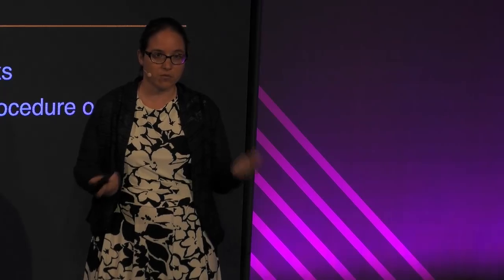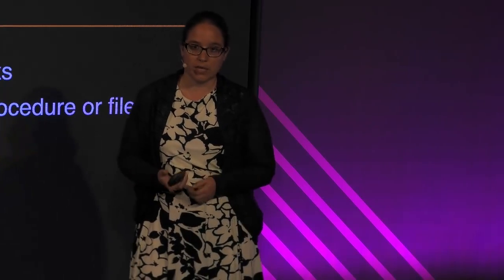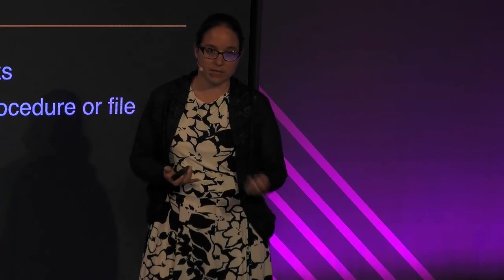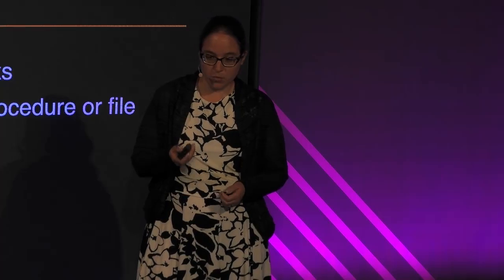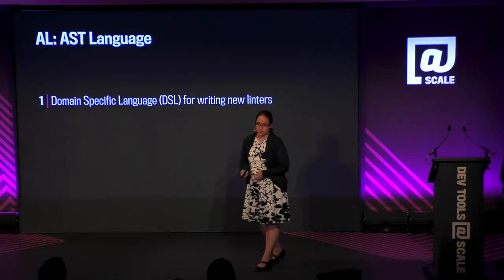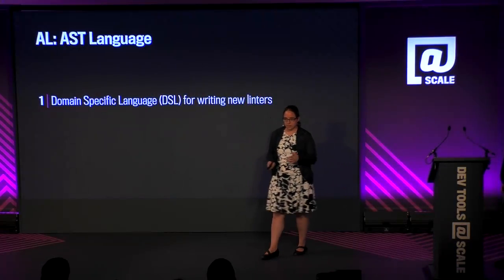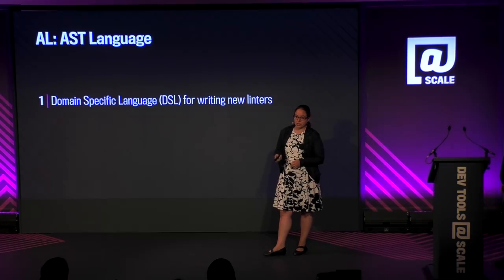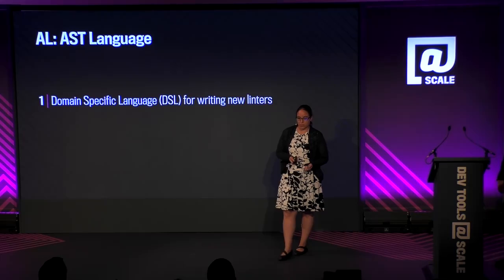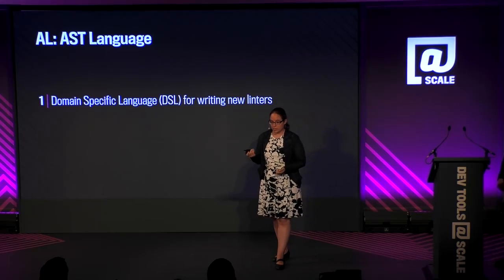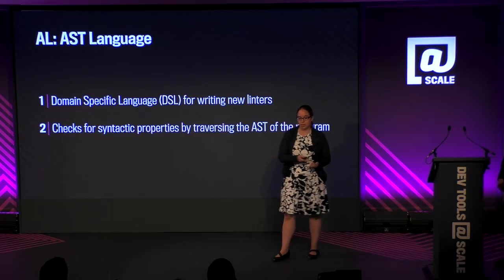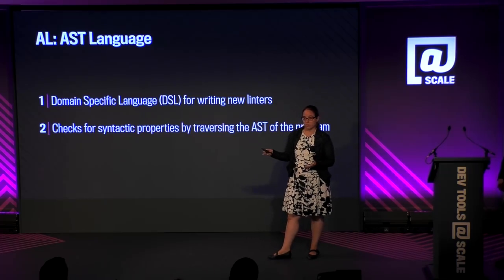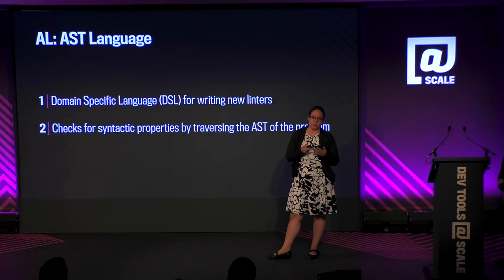Developers ask us for many checks, and they would like to have a framework where they can write them themselves in an easy way. So we developed a language for this. It's called AL, which stands for AST language. AST is the abstract syntax tree of a program. So it is a domain-specific language for writing linters, and it works by traversing the tree of the program. It is for adding checks for syntactic properties of programs.